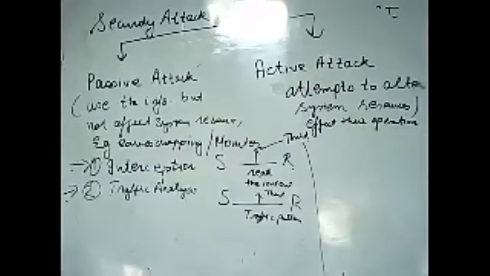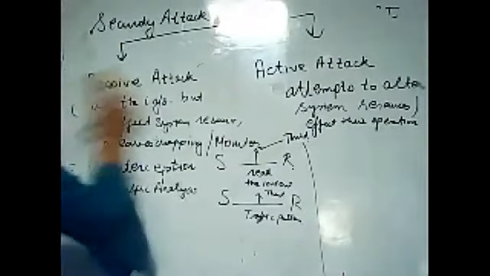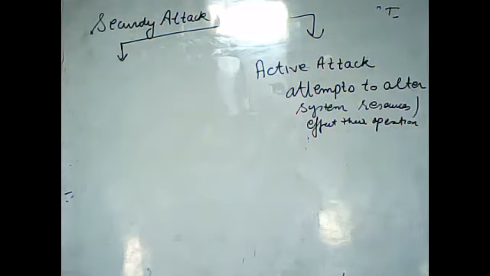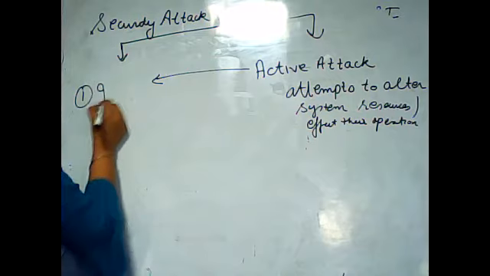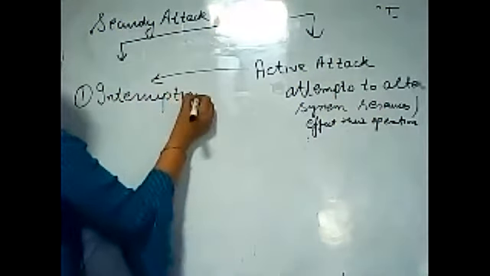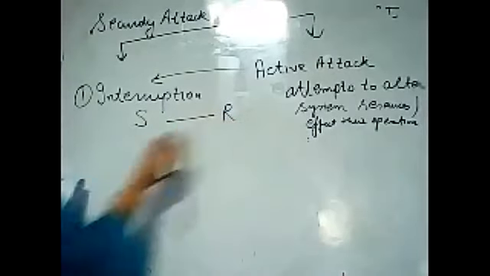Now we have some types in active attack also. This topic is quite big, so I must enlarge all this content so that it is more visible to you what we can do in an active attack. The first active attack is interruption. In this interruption, let's suppose you have a sender and here is a receiver.